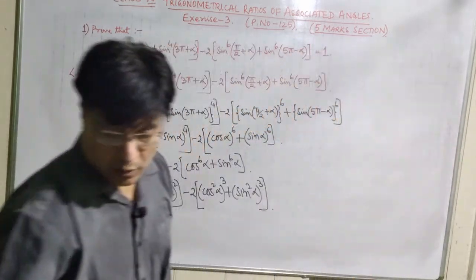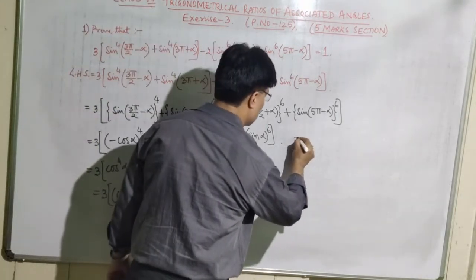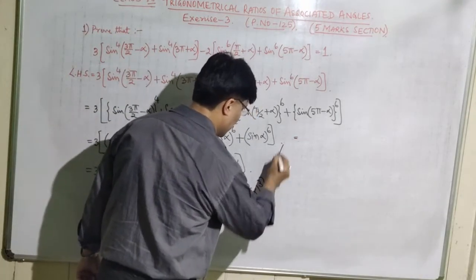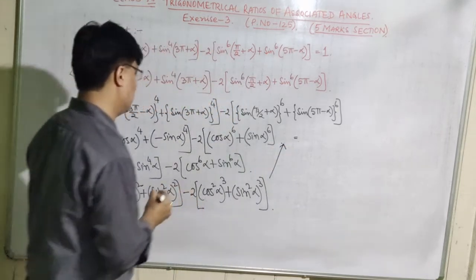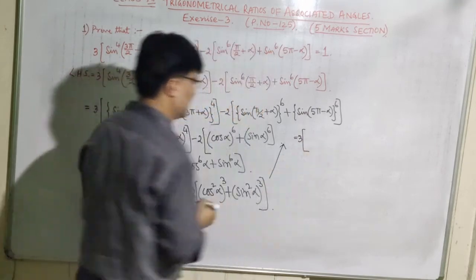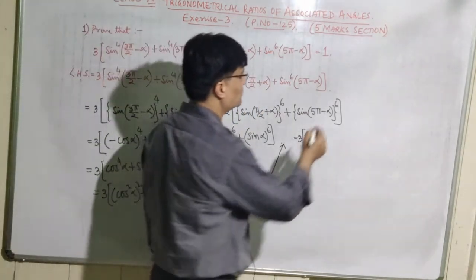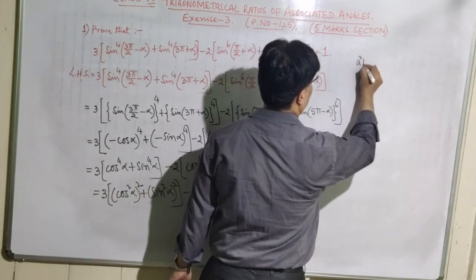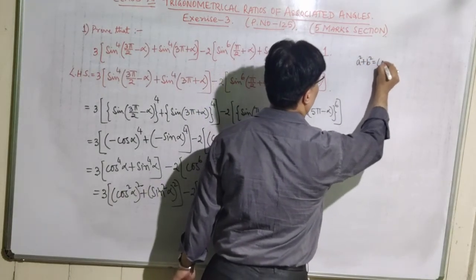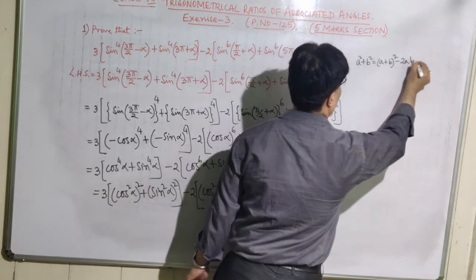So let us do it here. Next step: is equal to 3 within third bracket. What is the formula here? A square plus B square, you know that. A square plus B square is equal to A plus B whole square minus 2AB.